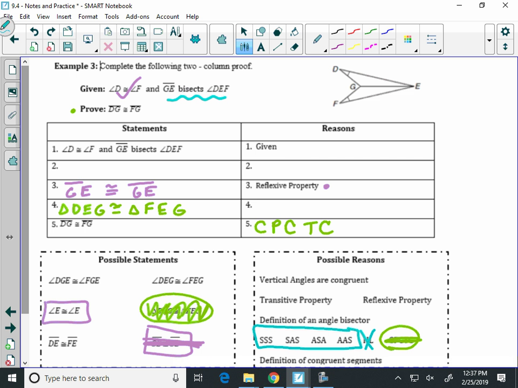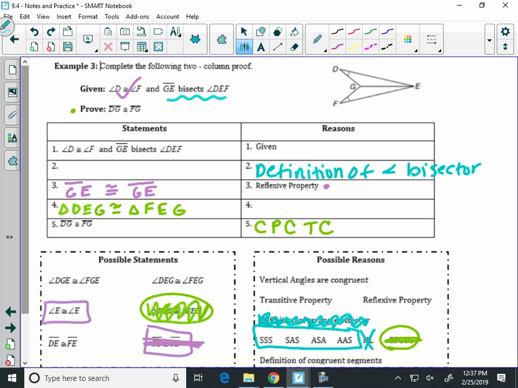If you look in your box, it says angle bisector. That's what we're going to write. Okay. Just getting those freebies down.